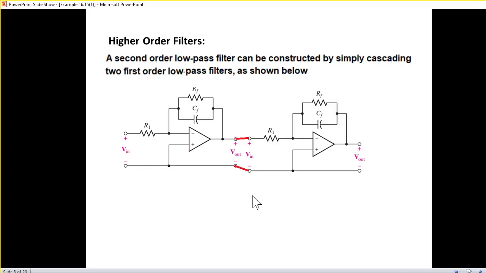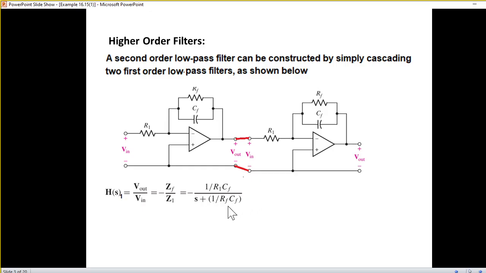Little more theoretical part. When we talk of the higher order filter, let's start with, let's say, second order low pass filter. Then we can just connect or cascade two first order low pass filters to make a higher order or a second order filter, similarly 3, 4, etc. And if you recall, the transfer function for the first filter will be like this.